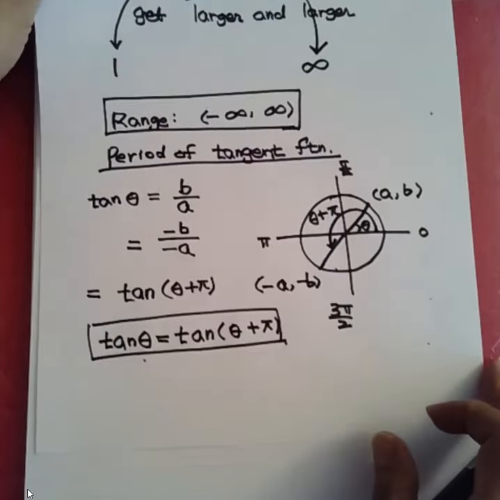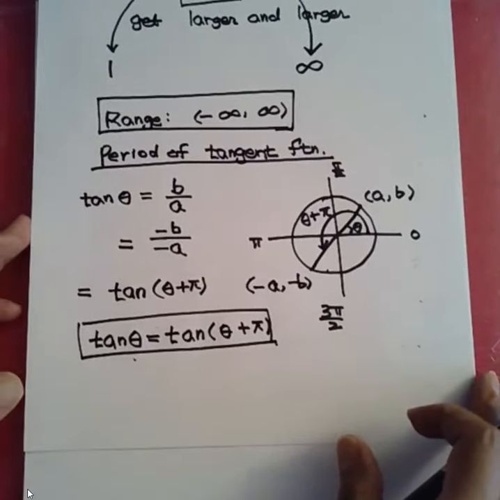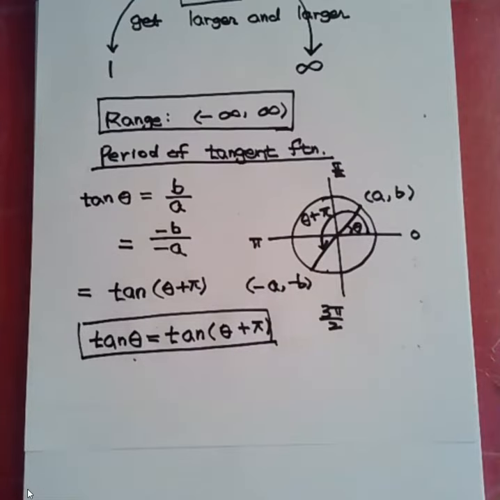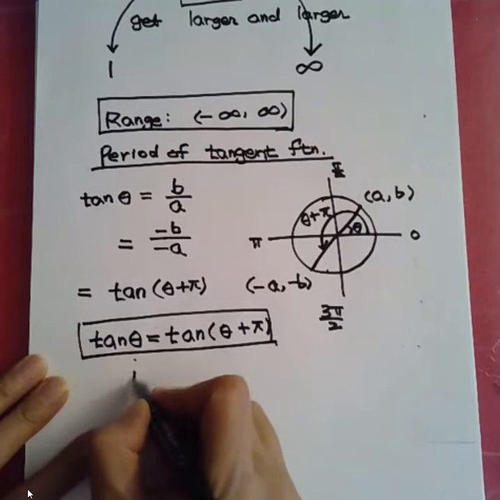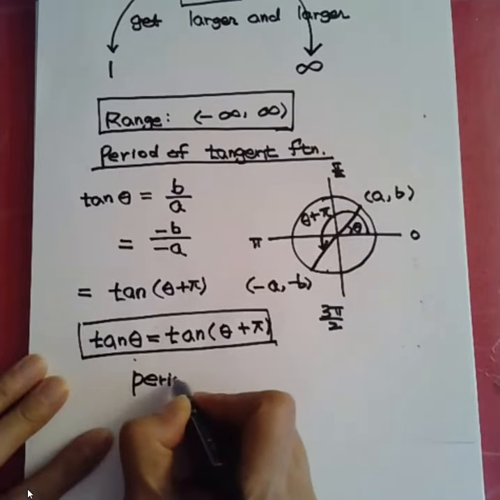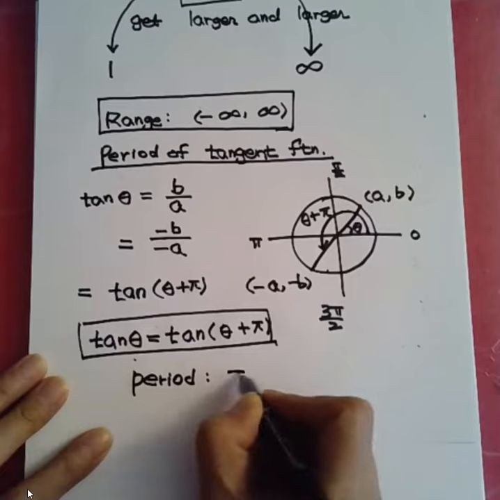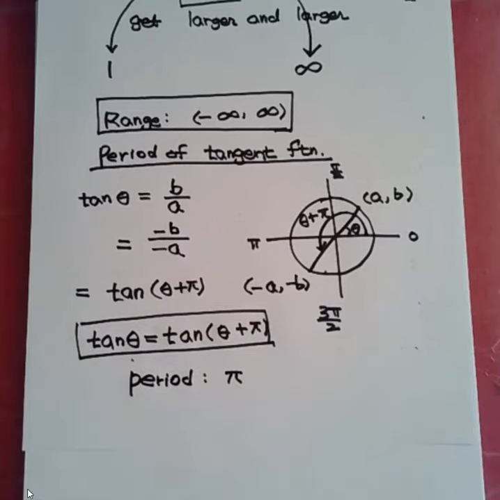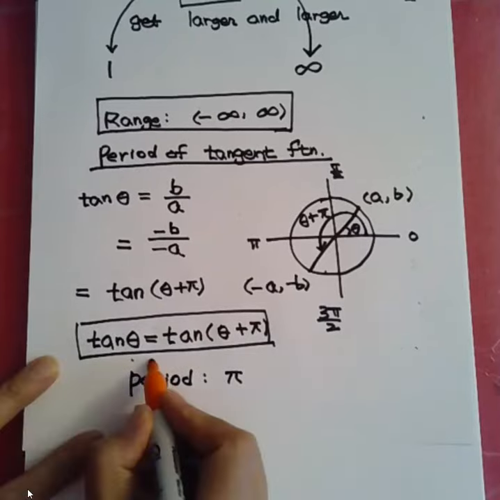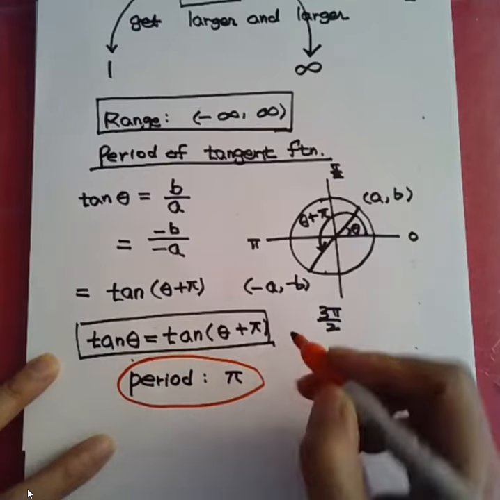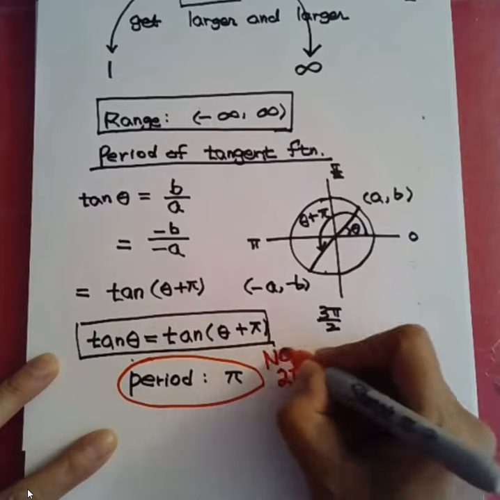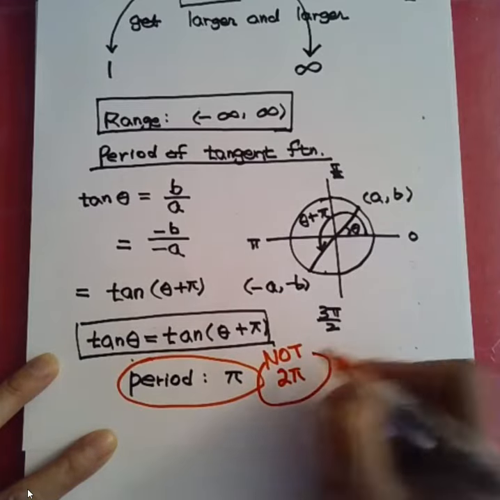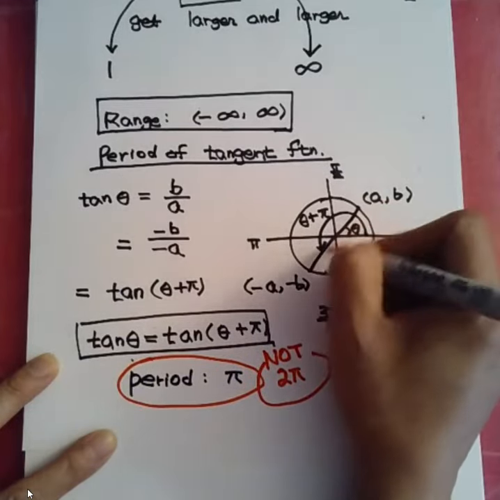So that pi is the minimum value which makes the tangent value the same. So the period of the tangent function is pi. This is very important. Many people think that it is 2 pi. That is not. Always think about what happens here.